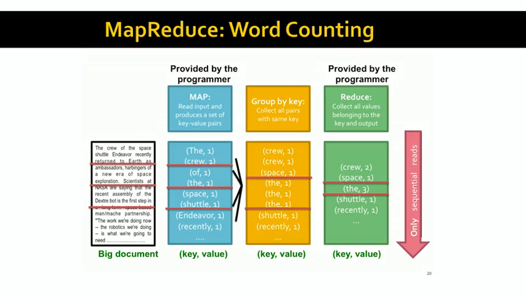Now, this is super important because sequential reads are much more efficient than random accesses to disk. If you remember from your basics of database systems, it takes much longer to do random seeks than to do a single sequential access of a file, and that's why the whole MapReduce system is built around doing only sequential reads of files and never random accesses.